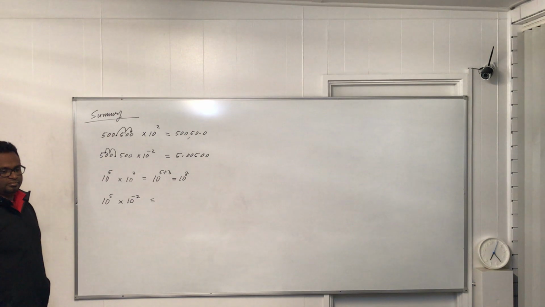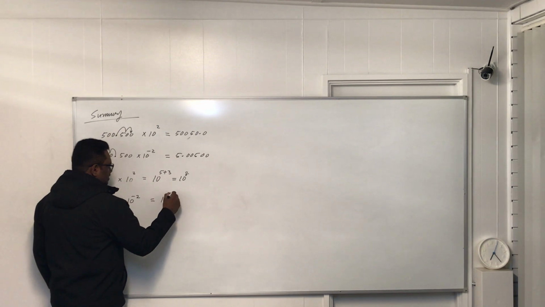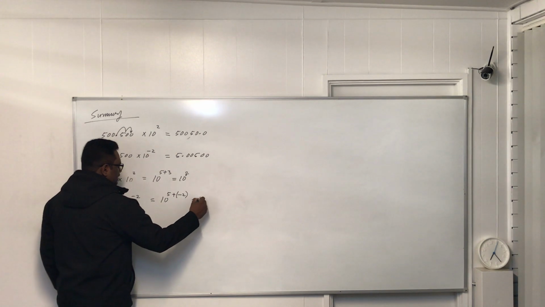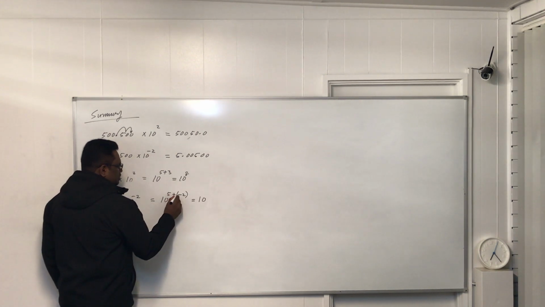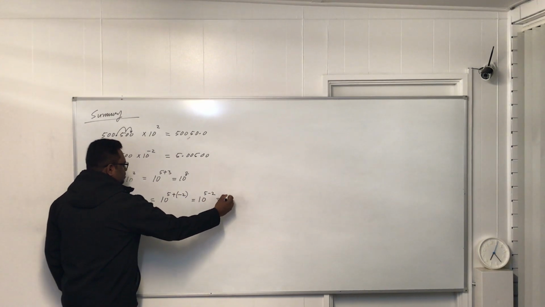This should be 10 to the power 5 plus minus 2. Plus times minus is going to be minus. So essentially it should be 10 to the power 3.